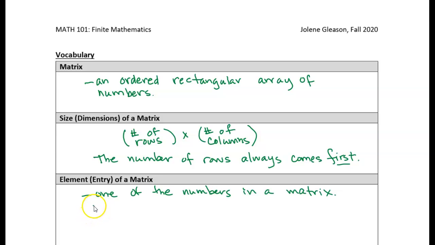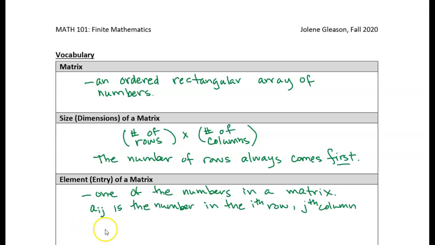And so we use a lowercase letter and refer to it by row and column, where the i is the ith row and the j is the jth column. So again, in the subscript on this name for the element in a matrix, it's the row number first and then the column number. Okay.